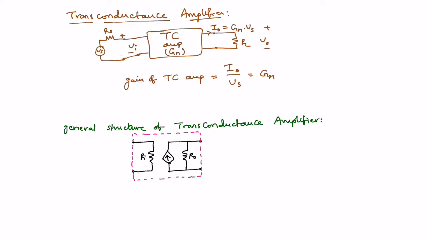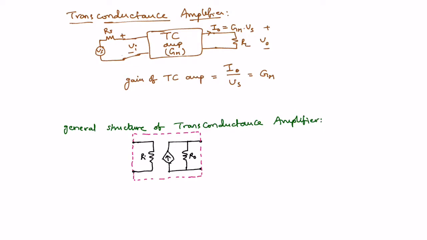So we will see what the values of Ri and R naught should be. For that, you must replace the block with its equivalent circuit.